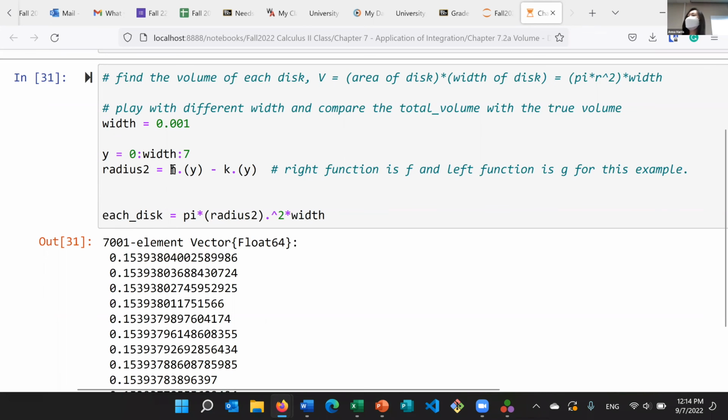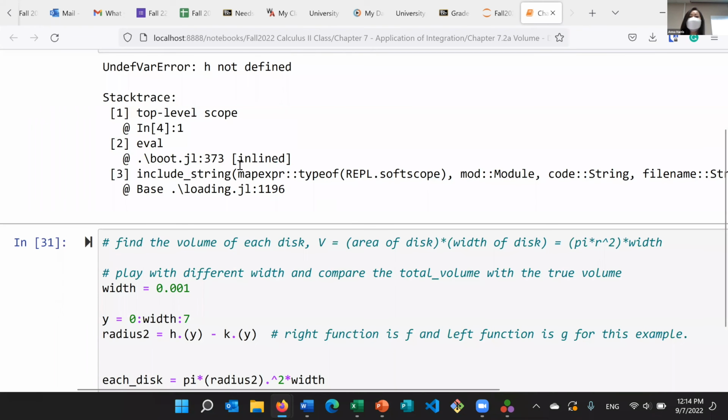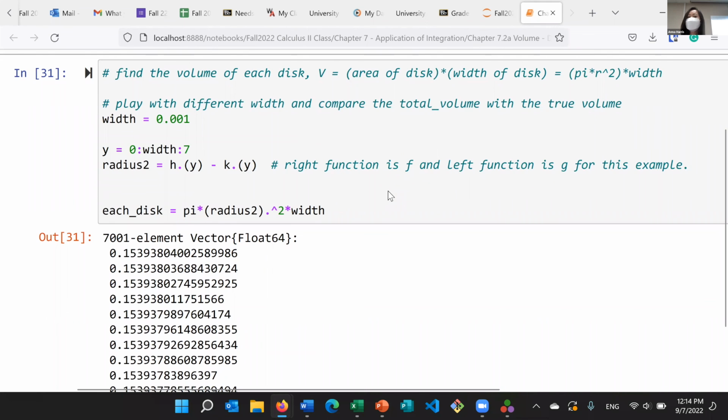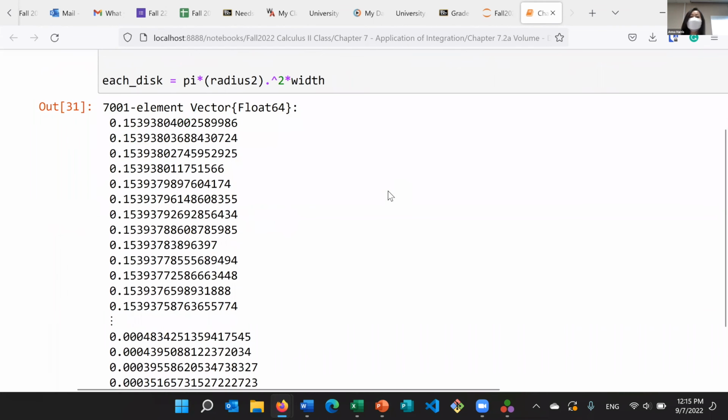Right is the function h. Your left is 0. And then when you run it, you get 7,000 disks. You found the 7,000 disks. Everybody with me? So we're tapping into very, very tiny disks in that region between 0 and 7, 7,000 disks.